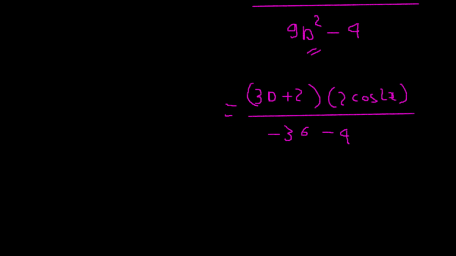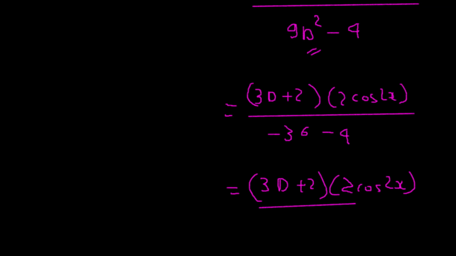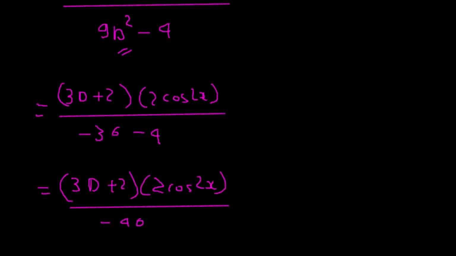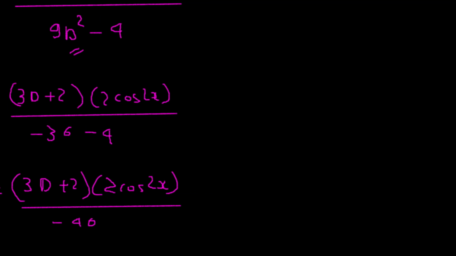Okay, so let me just solve this thing. 3d plus 2 into 2 cos 2x upon minus 40. Minus 40. Let's just see what the solution is. We are just solving this thing now. Nothing much remains. Okay, let's see what we're going to do next.